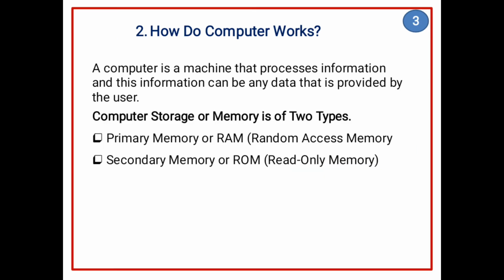Now the next topic is how do computers work. A computer is a machine that processes information, and this information can be any data that is provided by the user through devices such as keyboards, mouse, scanners, digital cameras, joysticks and microphones.